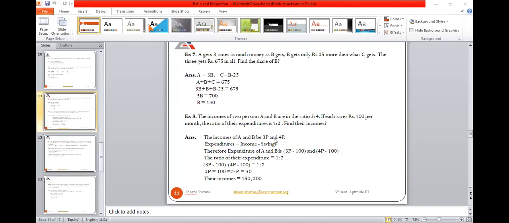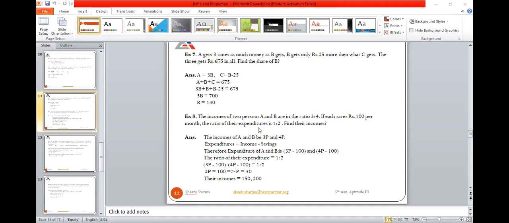Here we are using P. So the incomes of 2 persons A and B are in the ratio 3:4. Let us suppose that the incomes of A and B be 3P and 4P. जो यहाँ पे 3P है, 4P है, this is the exact income of A and B. If each saves rupees 100 per month, ठीक है, save हो रहे हैं rupees 100.